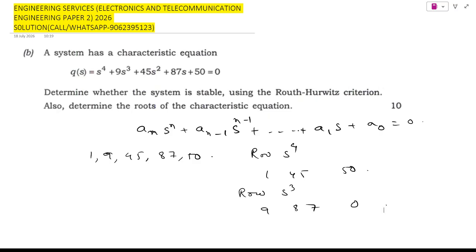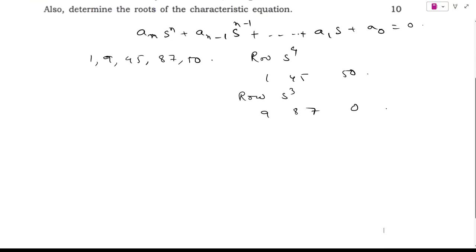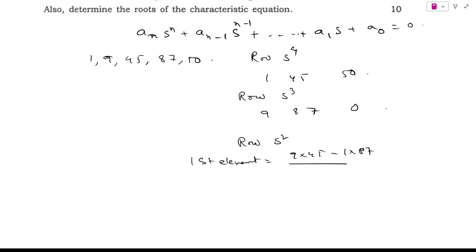Now calculate the next row. The first element. This is 9 into 45 minus 1 into 87 by 9. So this will be 318 by 9.